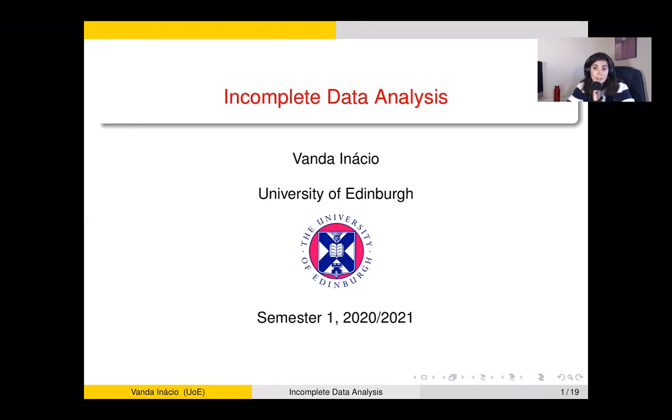And we have seen that ignorability requires the missing data to be missing at random or missing completely at random, and that the parameters of the missing data model and of our data model need to be distinct. Informally stated, distinct means that the missing data model does not contain information about the parameters of our complete data model.